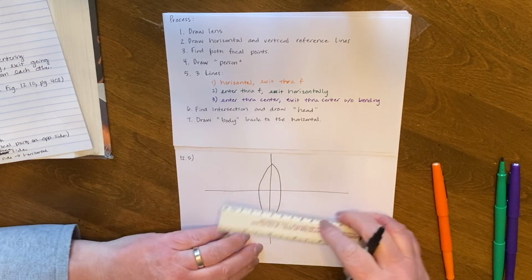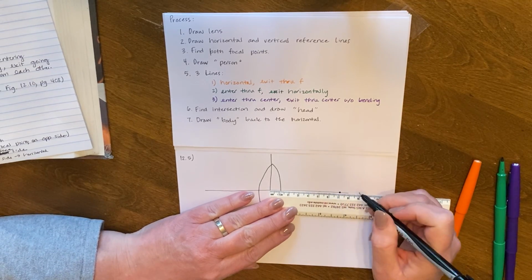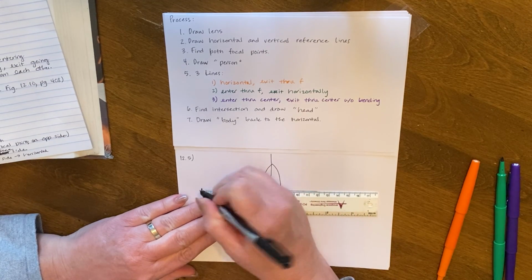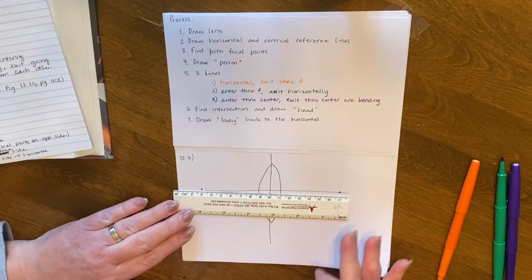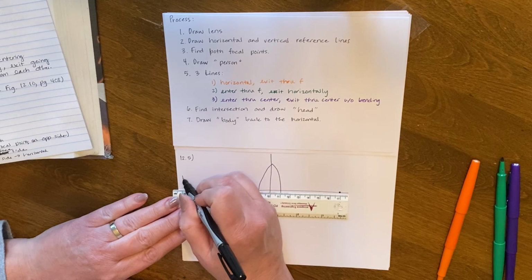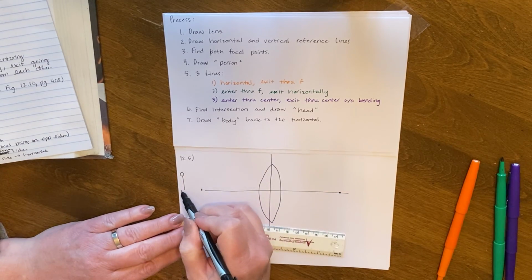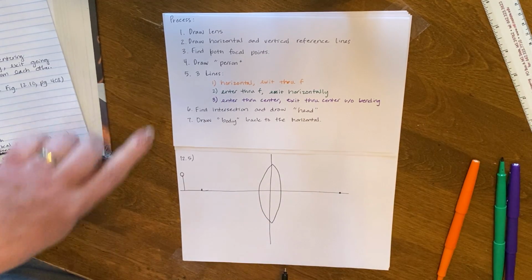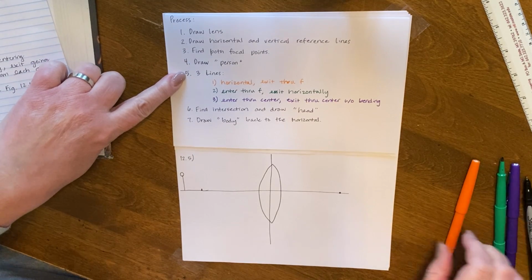So maybe I'll just actually measure these. And then the object is 10. Well, our man is way out here. Okay, so we have found both focal points. We've drawn the person. Now let's draw our 3 lines.